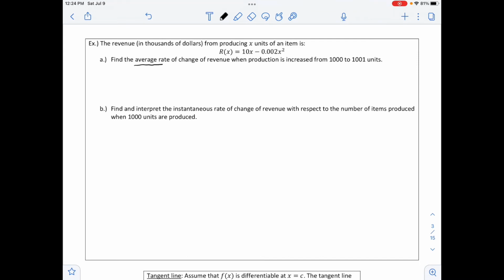Now remember that the average rate of change was that algebra approach, just finding the slope of this. And so we have two values here. It's when x is equal to 1,000 and when x is equal to 1,001. So our slope formula is our y value at 1,001 minus our y value at 1,000 over 1,001 minus 1,000.